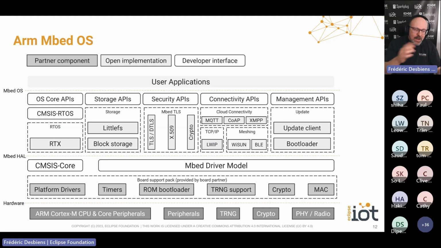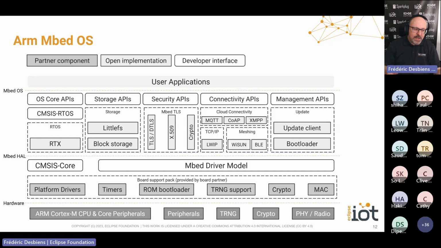And then you see the real-time primitives in the RTX subcomponent there. So you can run Mbed as a non-real-time OS, or you can run it as real-time. It's really your choice. And you see the fine segmentation in the various components.